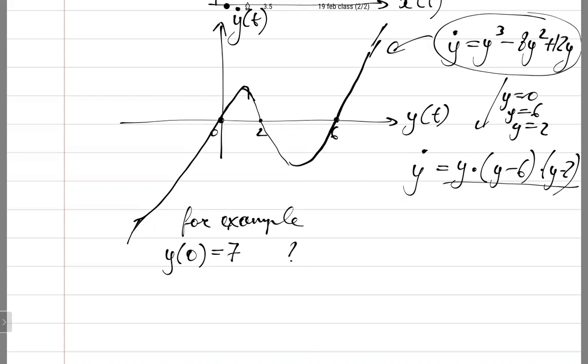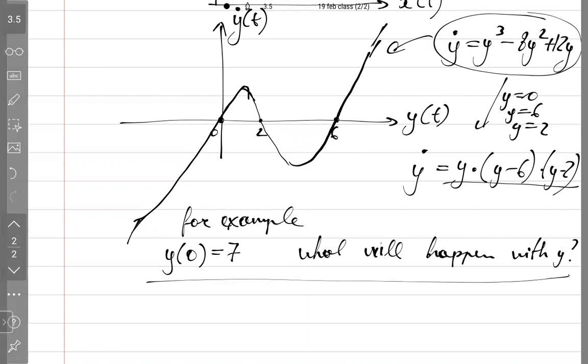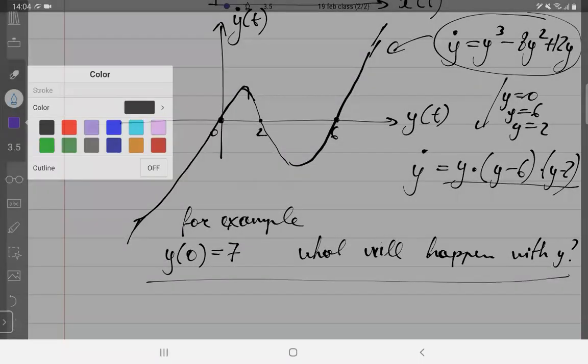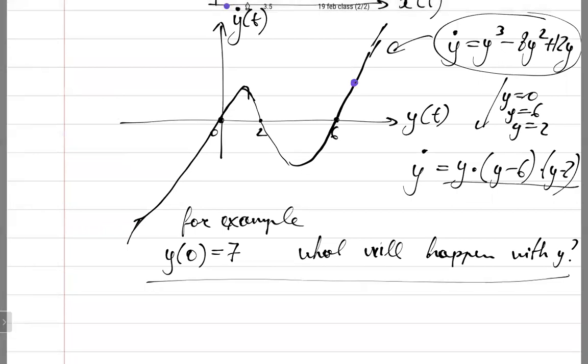What will happen with y? I can draw this point. It's located somewhere here. This is 7. And I see that at the point A, y prime is positive.